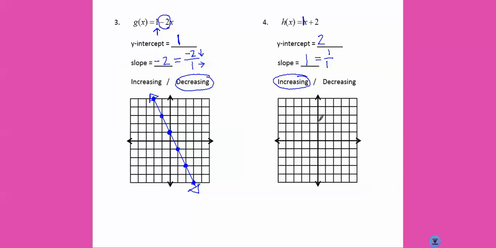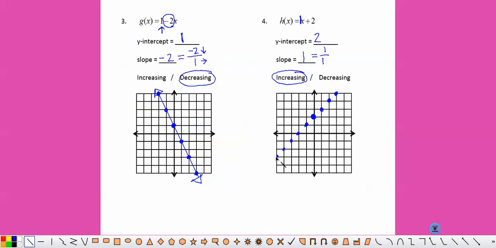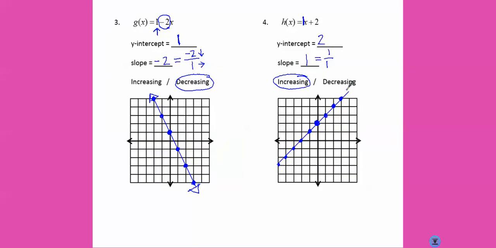So we're going to start at our y-intercept of 2, and we're going to go up 1 over 1 till we run out of graph paper. And then we're going to do the same pattern in the opposite direction. And use our ruler to connect the dots. And put the arrows on the ends.